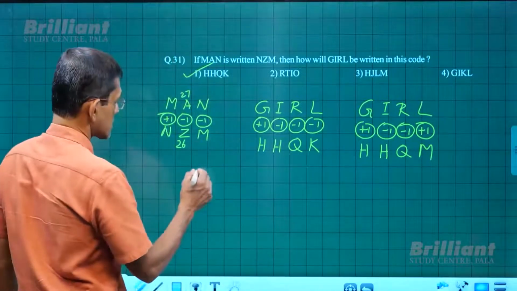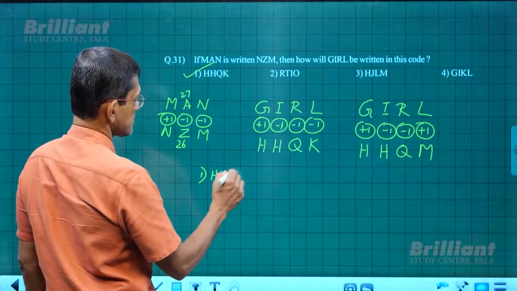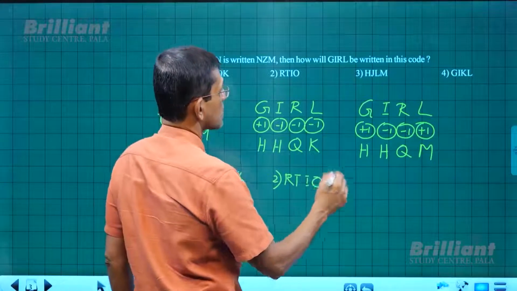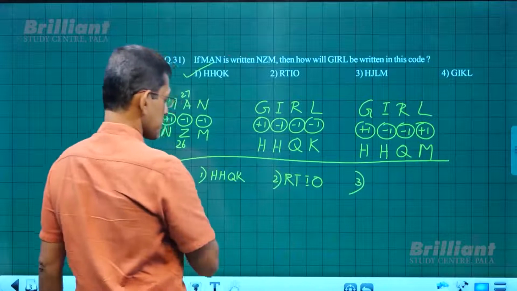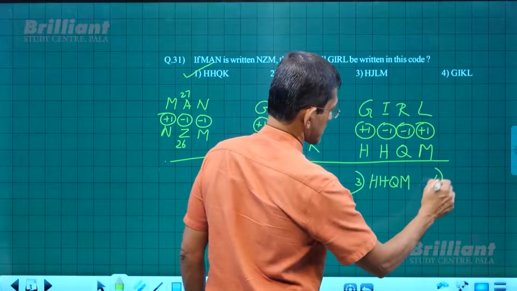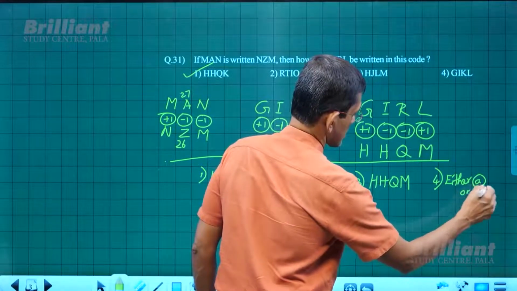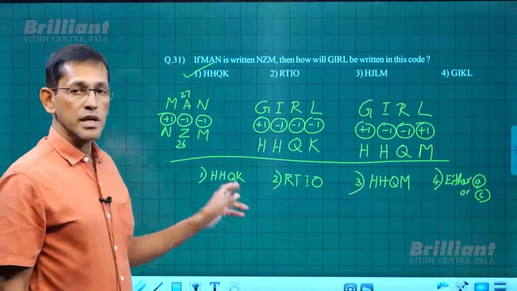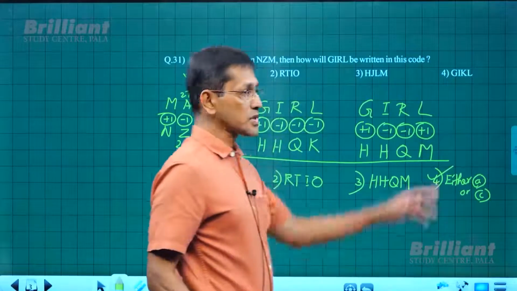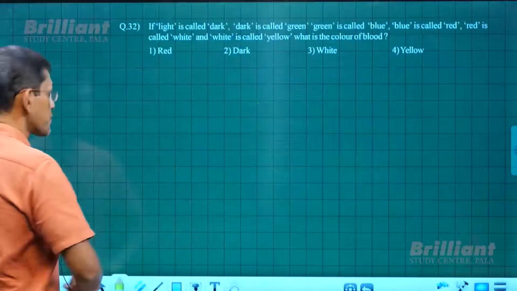However, if they give answer choices something like this: first, HHQK; second, RTIO; third, let's say, HHQM; and the last answer choice is given as either A or C. In that case, the answer must be either A or C. But in this case, we don't have such confusions. The answer is HHQK.